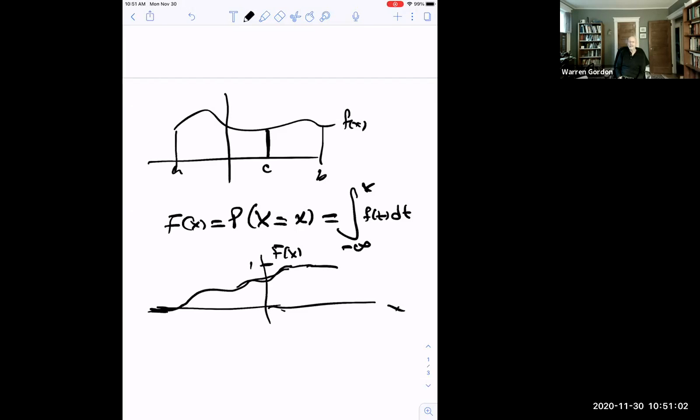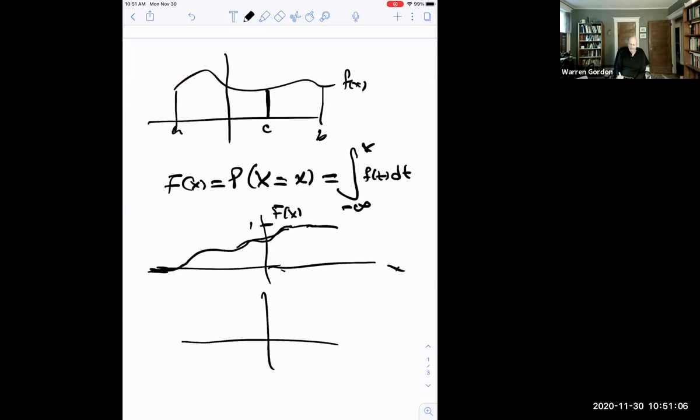Notice that's different from a discrete random variable. For a discrete random variable, it started at 0, and then you got these jumps, and ultimately you got to 1. The CDF was always right continuous, with a jump at the left endpoint to the right endpoint.